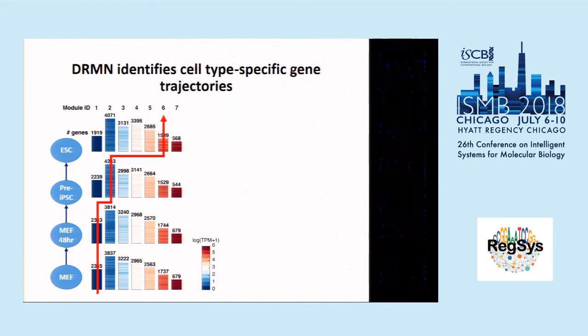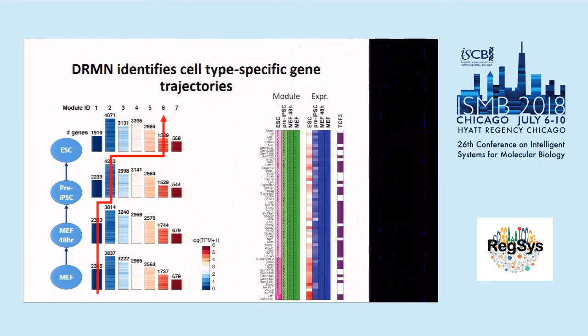This is an example trajectory of a gene that is very repressed in the differentiated cell type MEF at the bottom and highly induced in the pluripotent cell type embryonic stem cells at the top. We clustered genes by these trajectories to identify groups of genes that transition their expression states together.